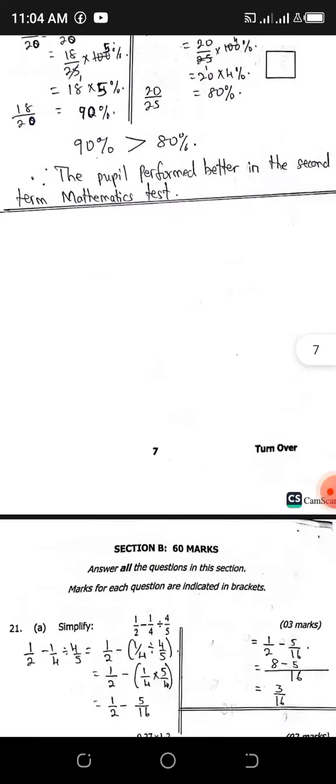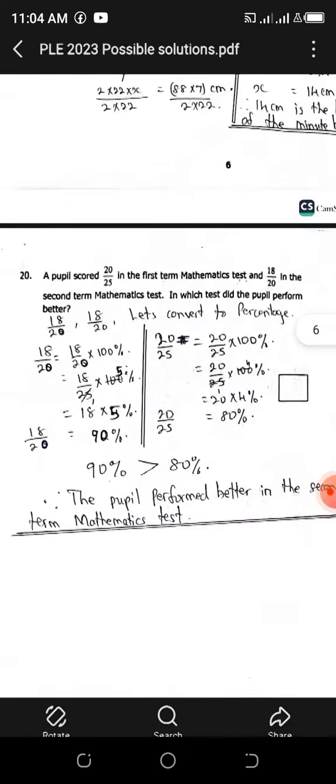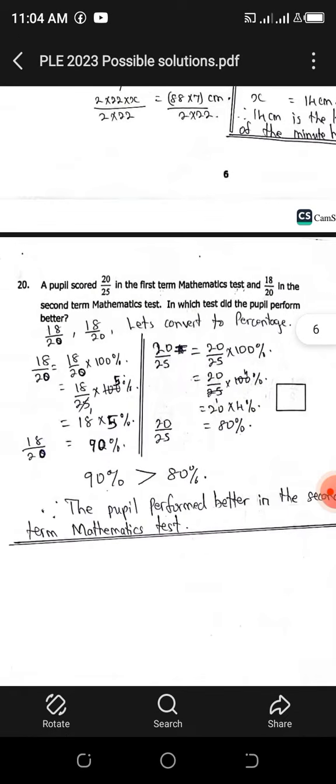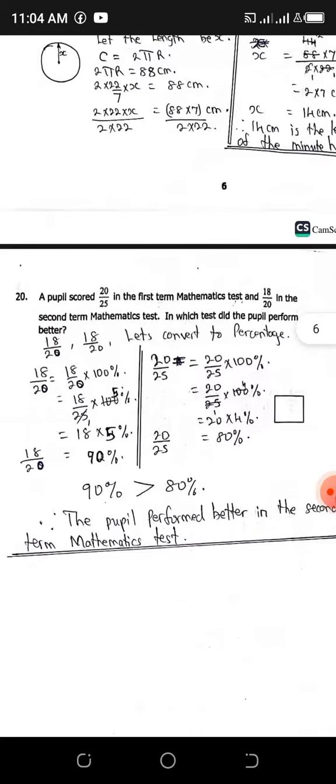So an examination paper of mathematics has section A and section B. In primary level, there are 20 questions in section A, and then there are 12 questions in section B. In section A, each question carries 2 marks. So with 20 questions, section A is 40 marks.